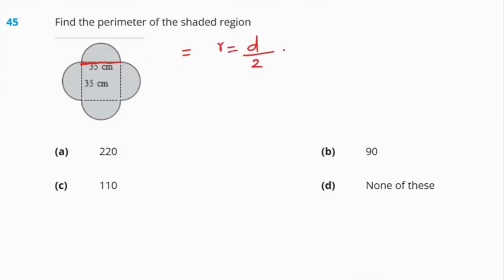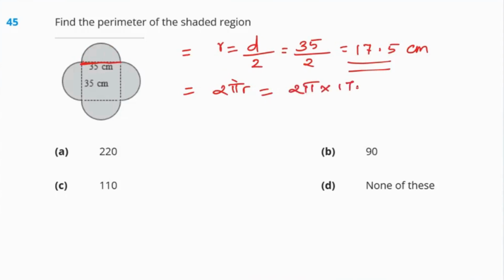Radius is half of diameter, so 35 by 2, which is equal to 17.5, is the radius. The perimeter formula of a circle is 2 pi r, so 2 pi into 17.5. We get 35 pi as the perimeter here.